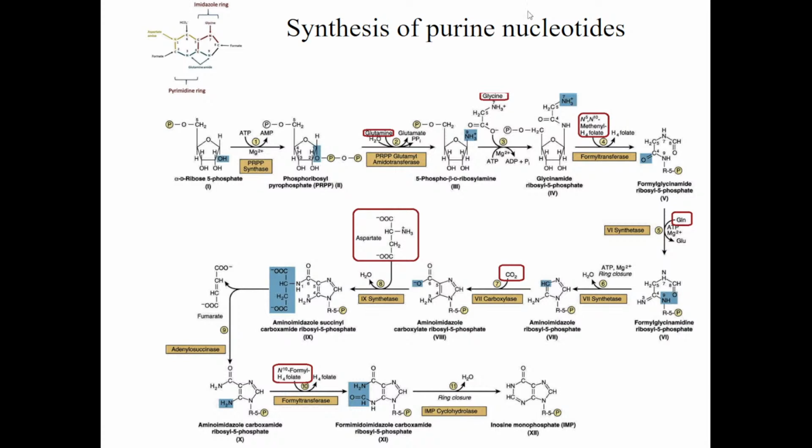At first, an amino group comes from glutamine as donor, then interaction with glycine forms a longer chain, later formylation, but the donor of formyl groups is again glycine.